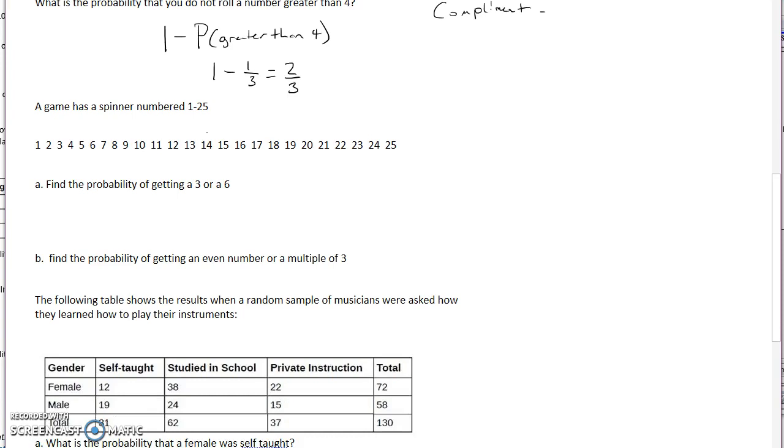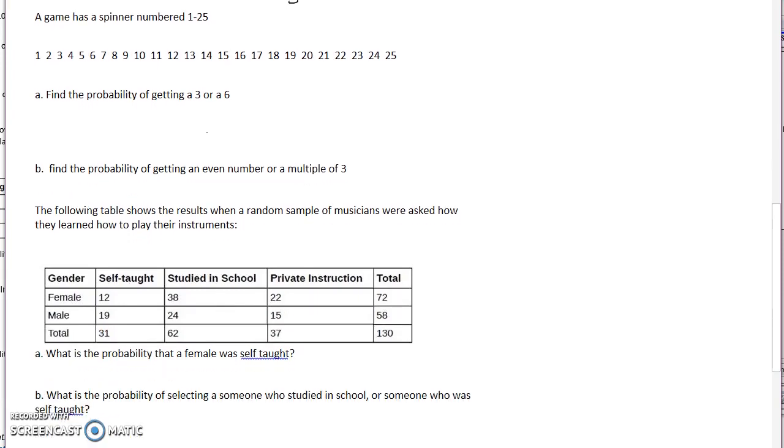All right, a couple more examples. This game has a spinner numbered 1 through 25. It says find the probability of getting a 3 or a 6. Well, how many 3s are there? There's only 1 three in this list, so the probability of getting a 3 is 1 out of 25. The probability of getting a 6 is also 1 out of 25. And then I want to find the probability of getting one or the other.